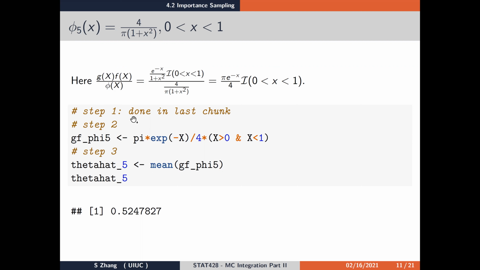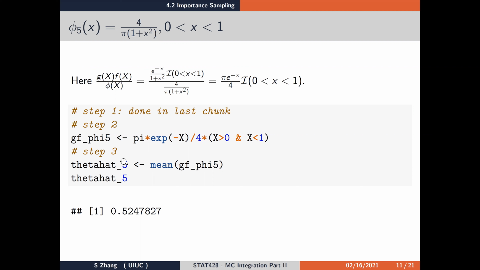We have already obtained draws from this truncated distribution in the last chunk of code. So let's go directly to step 2, where we apply this transformation. The gf of phi5 is given by pi times exp of negative x divided by 4 times the indicator function of whether x is between 0 and 1.